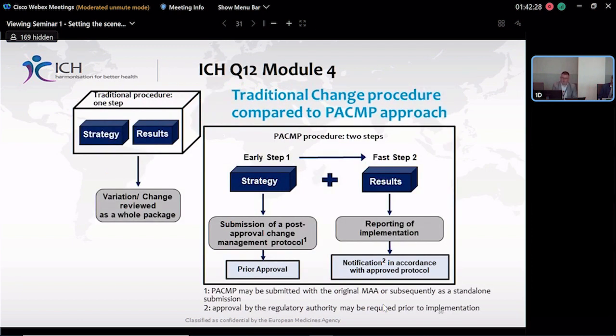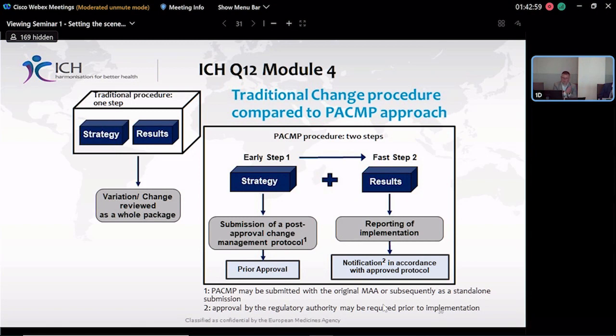So in a normal scenario, if we think about a new manufacturing site, where I don't have a change management protocol, I'm going to register a new manufacturing site. I have my strategy for my new site. I'm going to transfer my test methods. I'm going to transfer my manufacturing process, transfer over everything from my quality system in terms of how I manage the input materials.